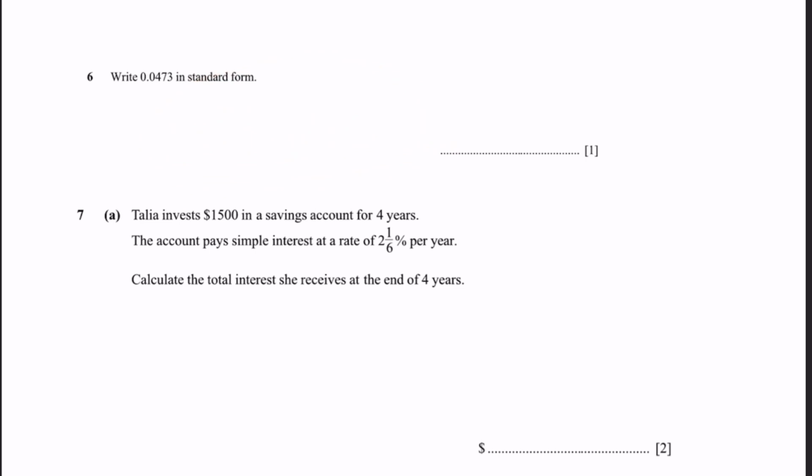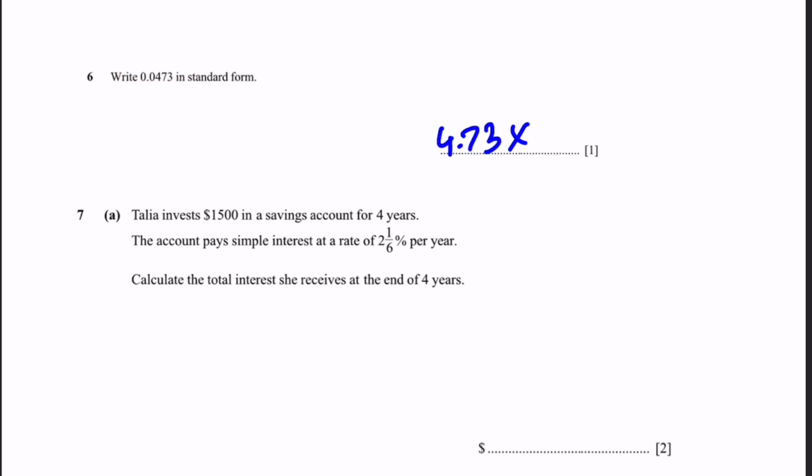If you move the decimal point once to the right, we will still be at 0.473. But when we move it twice to the right, we'll get to 4.73. Because it moved twice to the right, you have to multiply by something which will bring it back twice to the left, to the proper number given here.